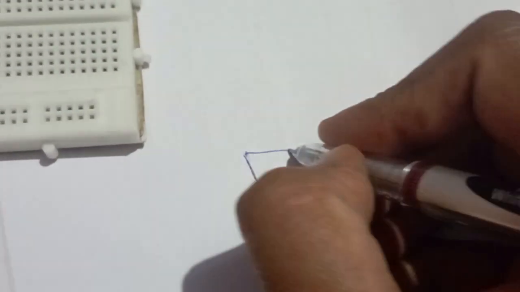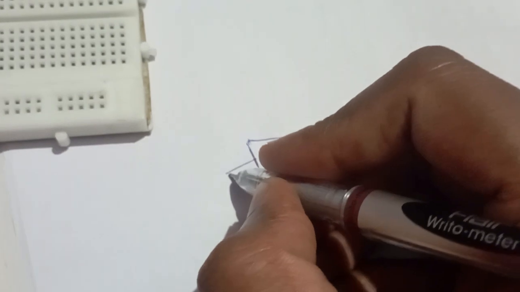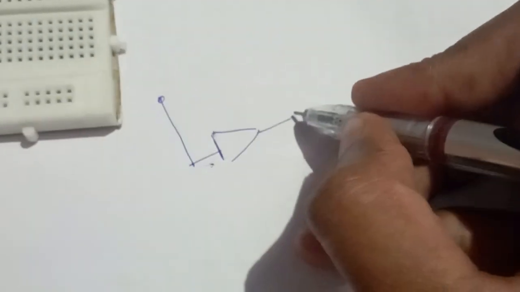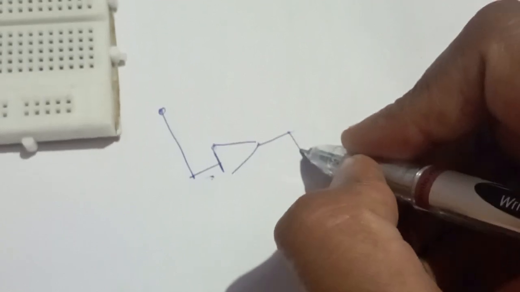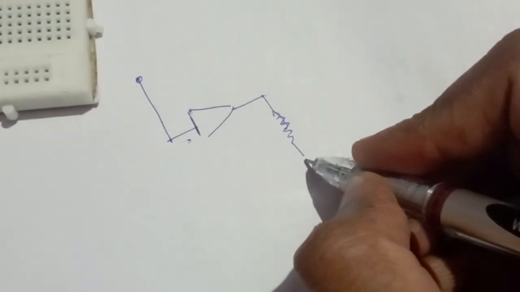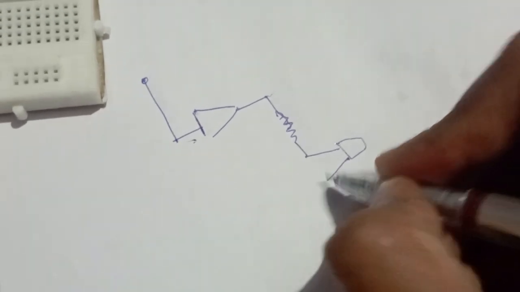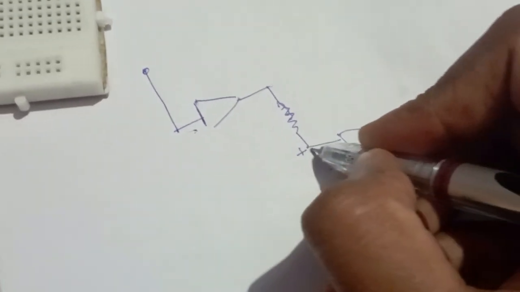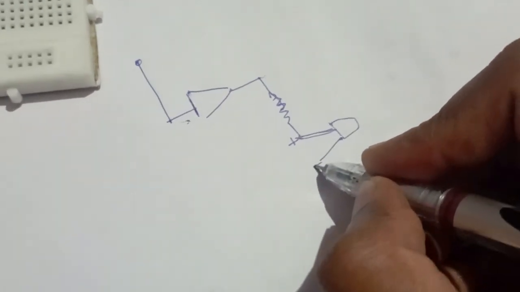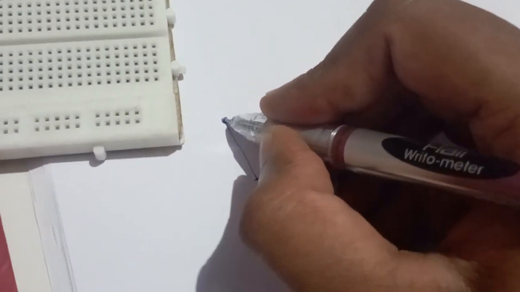So actually the circuit looks in such a way that there is one NOT gate, and one input and one output. At input I have left an open wire, and at output I have connected one resistor and one LED. The positive lead of the LED is connected to the output side, and the other side is going to be negative, or grounded.